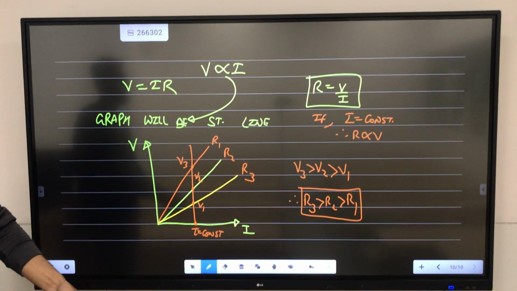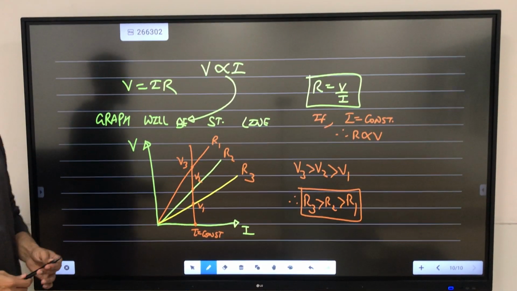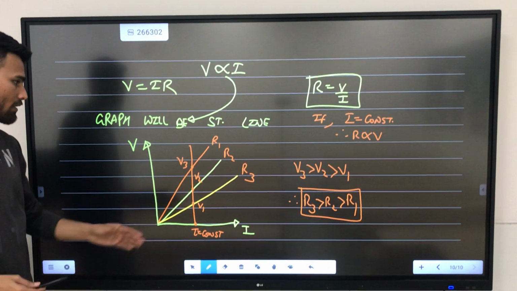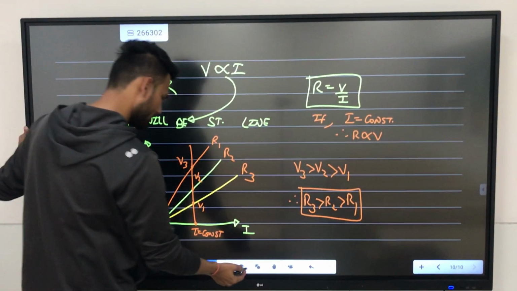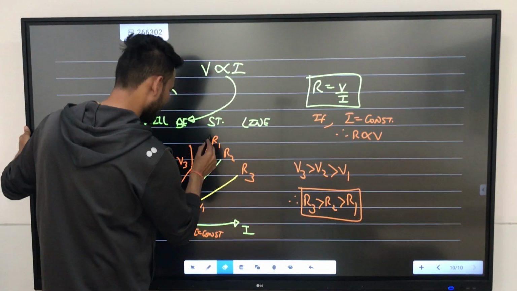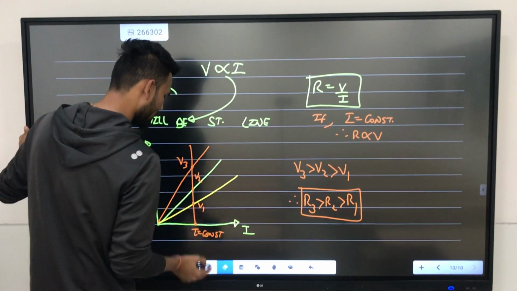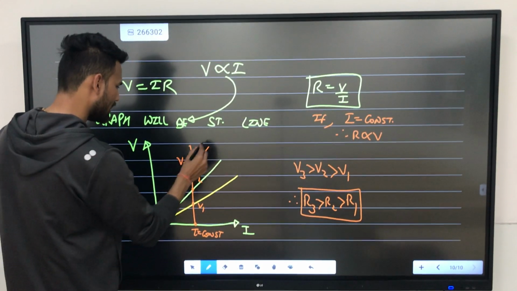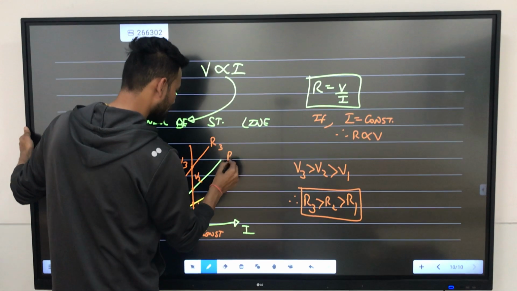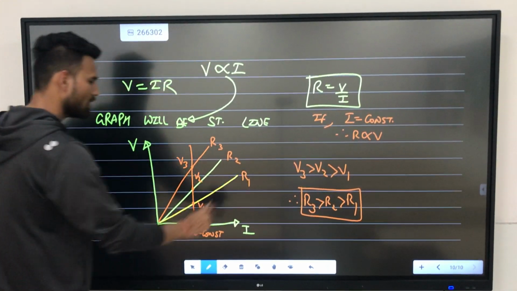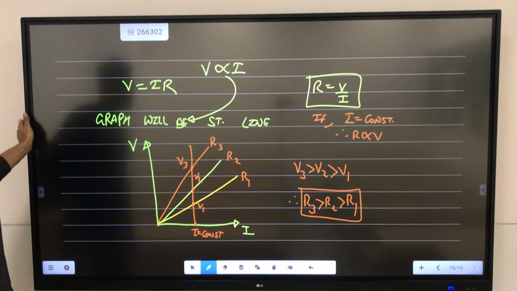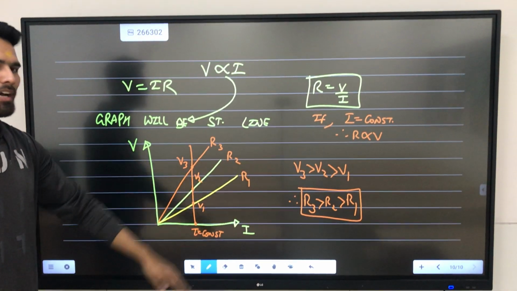Am I clear or not? Yes or no? Sorry, I have mentioned a wrong naming over here. If it is V3, it should be R3, then R2, and if it is V1, it should be R1. So R3 is greater than R2 is greater than R1.